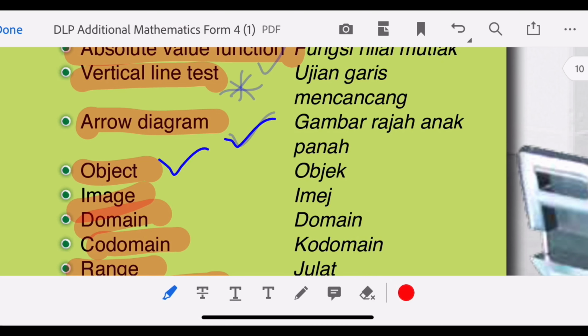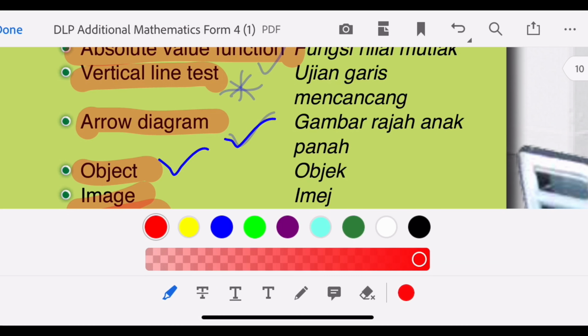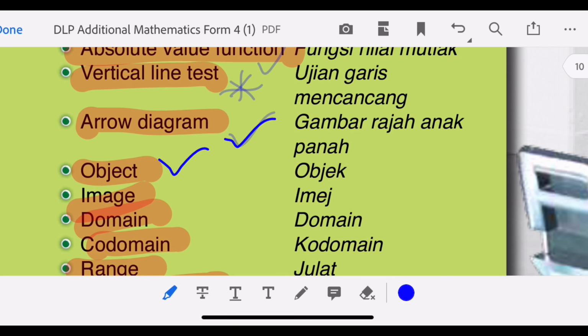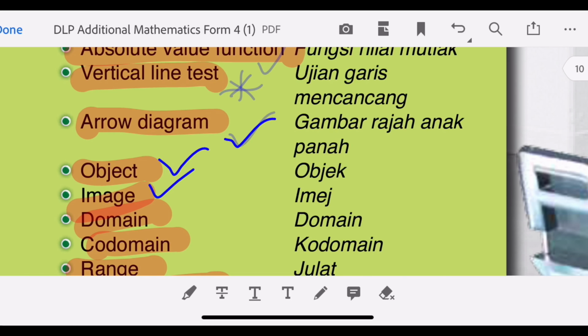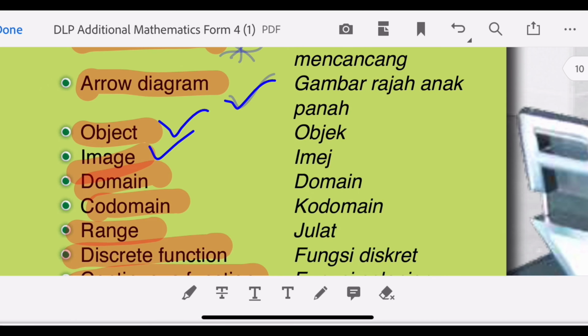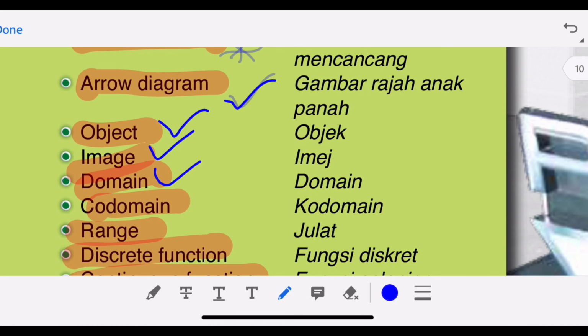For the KBSM students, you can also go through this topic because it's very meaningful for you to learn function this way. The way the knowledge is delivered to us is very different.